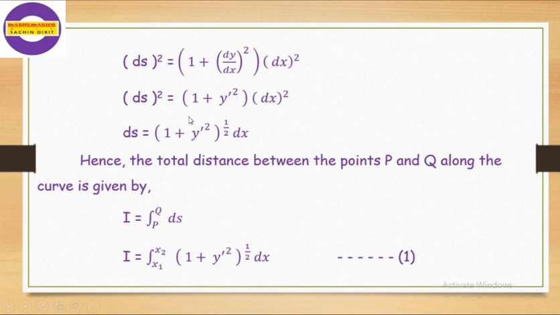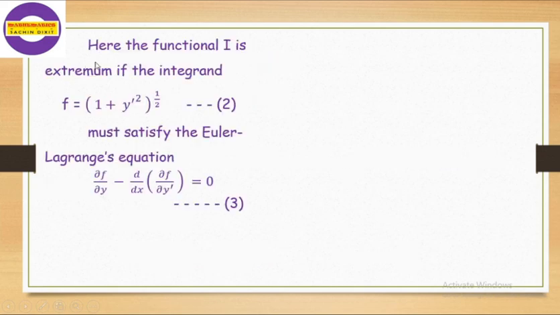That means we just put the value of ds in the functional I. Now, hence the functional I is extremum if the integrand f equals (1 plus y dash square) whole bracket raised to half, equation number 2, must satisfy the Euler-Lagrange equation ∂f/∂y minus d/dx of ∂f/∂y dash equals 0. Equation number 3.